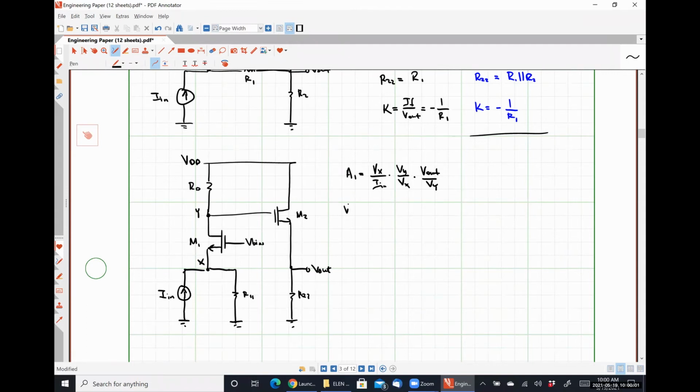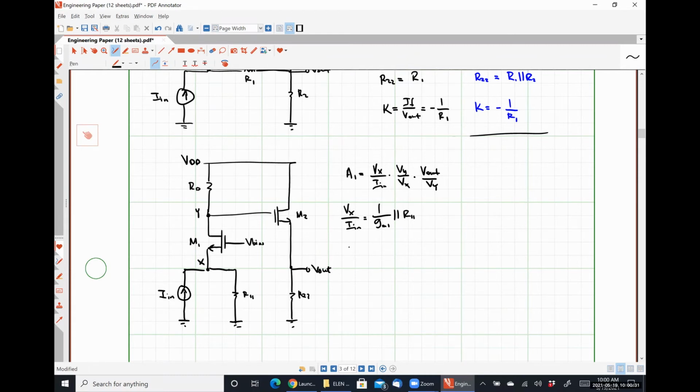So Vx over Ix is just going to be the resistance that our input current signal sees. To the right, it sees R11, and looking into the source, it should see 1 over gm, and those two resistances appear in parallel. So we should have 1 over gm in parallel with R11.